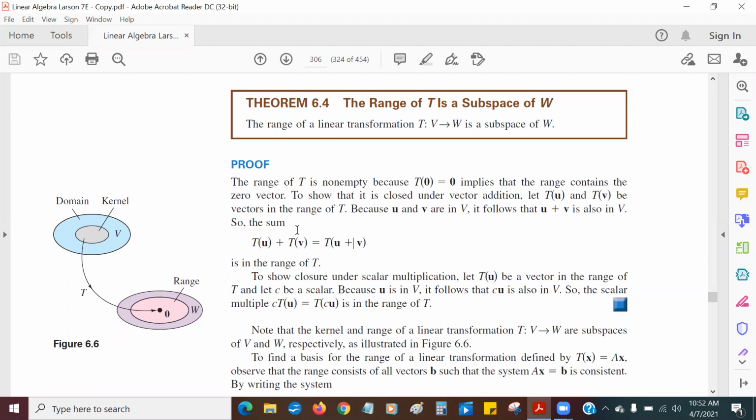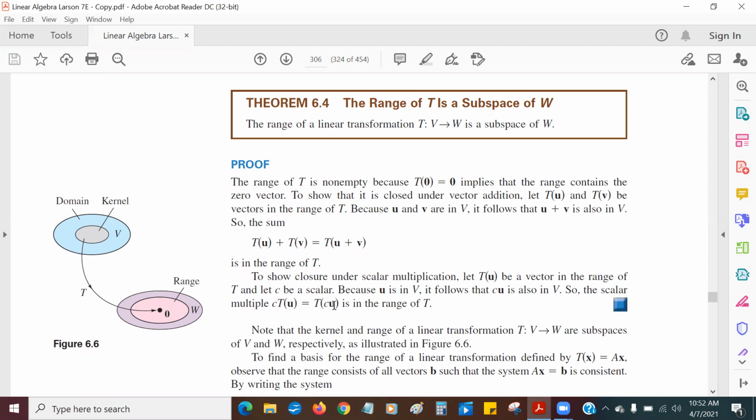And to show closure under scalar multiplication, it's pretty much the same idea. T of U is going to be a vector, and C is going to be a scalar. Since U is part of V, CU is also part of V. So therefore, we know that C times T of U is equal to T of CU.